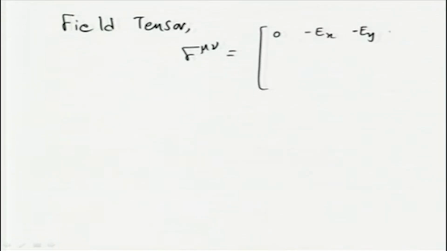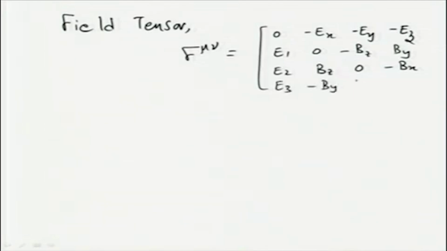0, minus E x, minus E y, minus E z; E 1, 0, minus B z, B y; E 2, B z, 0, minus B x; E 3, minus B y, B x, 0.